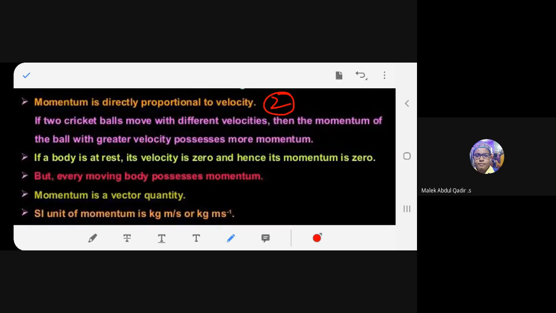You got this information in this slide? Okay. Next, let's see the example. If two cricket balls move with different velocity, then the ball with greater velocity possesses more momentum. You agree? More velocity, more momentum, right?